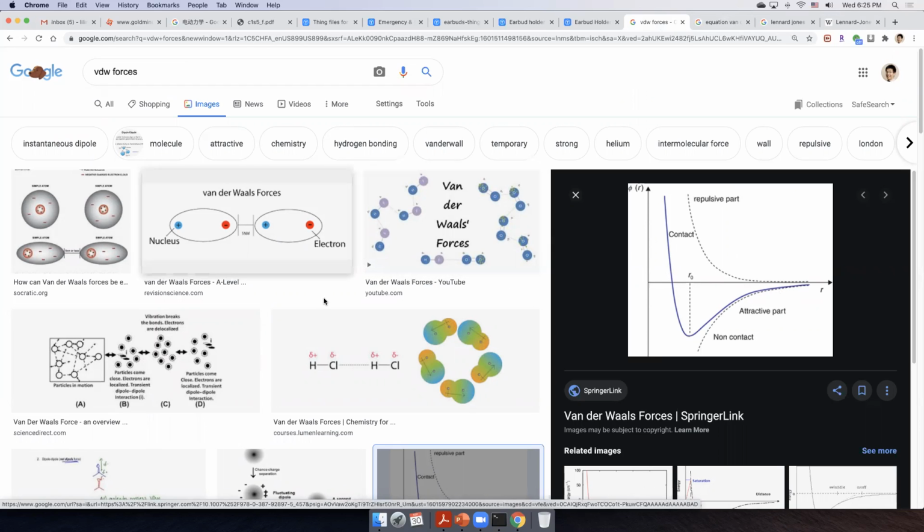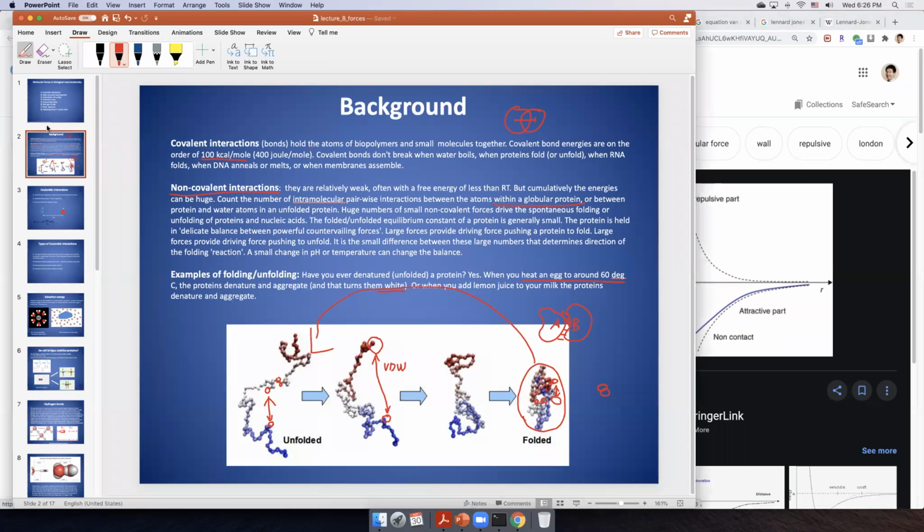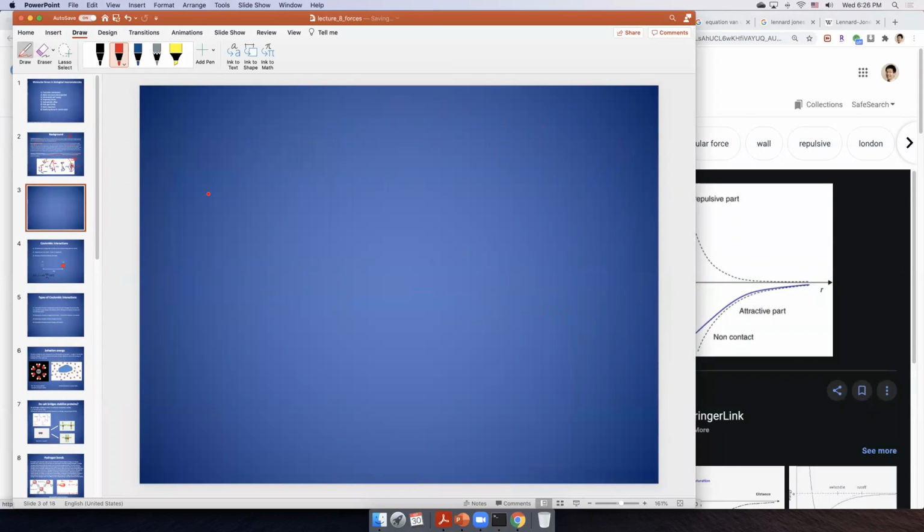Maybe we can go a little bit further about the van der Waals force. Let's think about why two atoms may have some forces. You have two atoms, atom A and atom B. Even if they're neutral, still they have van der Waals attractive forces.